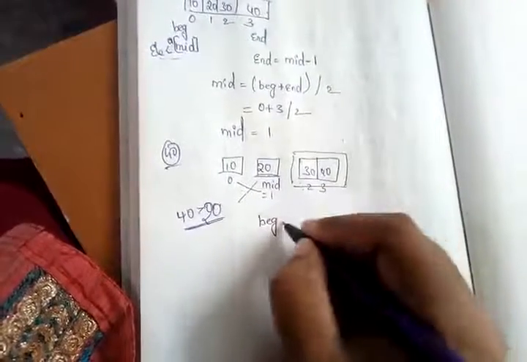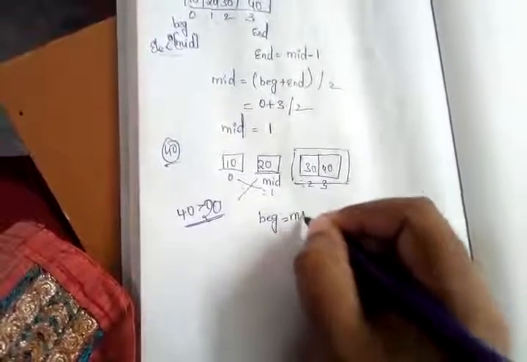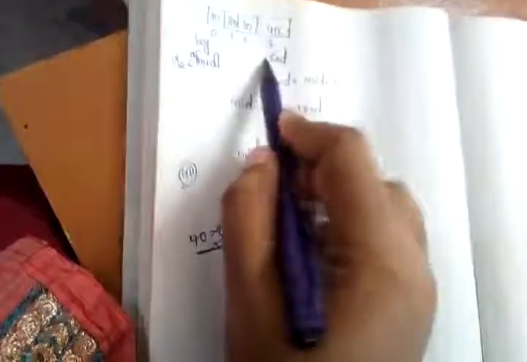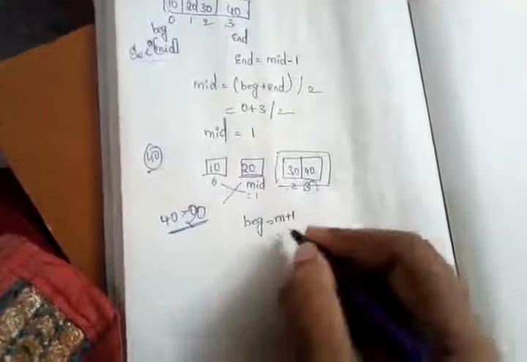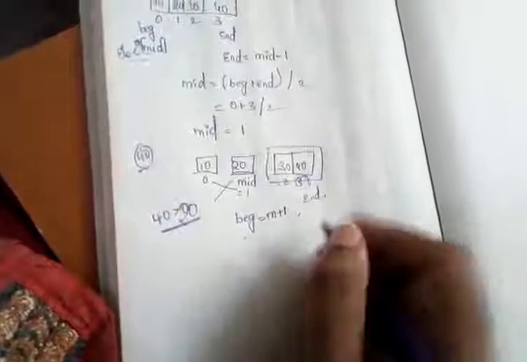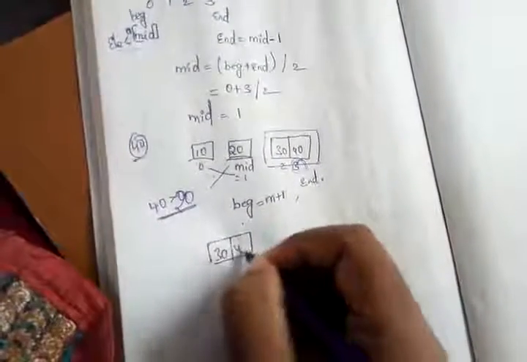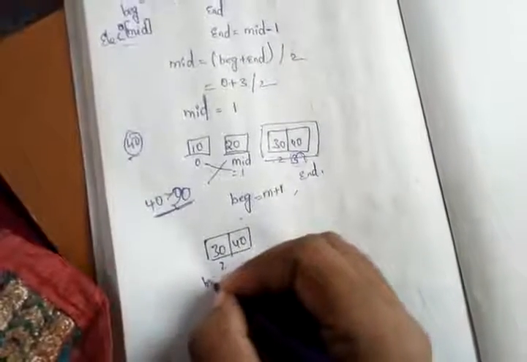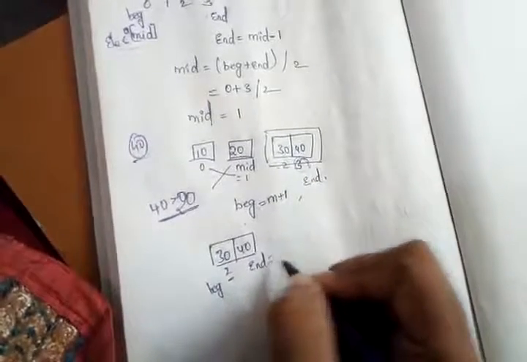So the beginning now becomes after the middle element, so mid plus 1, and the end index will be the same as the previous one, which is 3. Now the array we considered is 30 and 40, so beginning is mid plus 1, that is 2, and end index is 3.